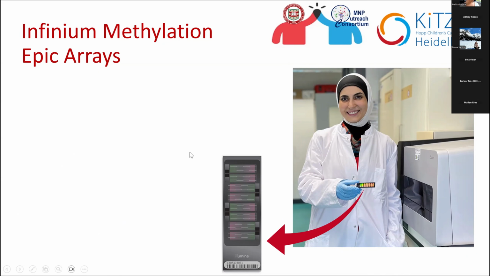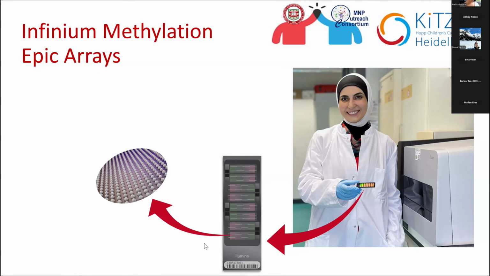And this is why you might be hearing lab people telling you that we are still batching samples. Because basically, if they run the bead chip for a single sample, then the cost of the bead chip will be wasted for one sample instead of 8, for example. If you look actually at a small sample section of the bead chip, it includes millions of beads.